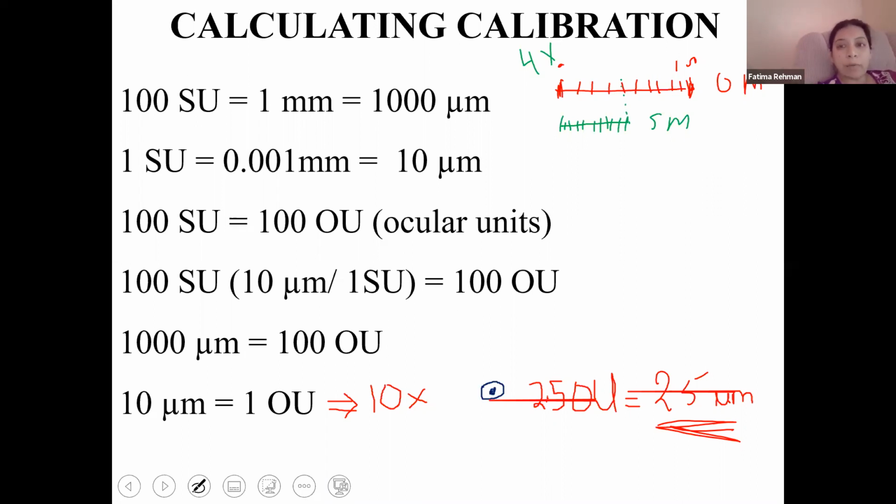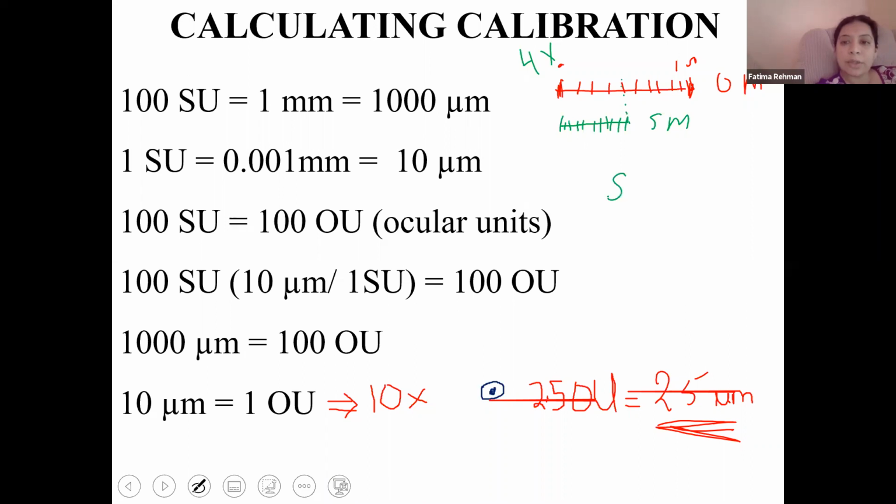So what should I write for my equation in this case? So before they were the same. So I wrote 100 stage units are equal to 100 ocular units. Now they're not the same. So what would I write for my equation?